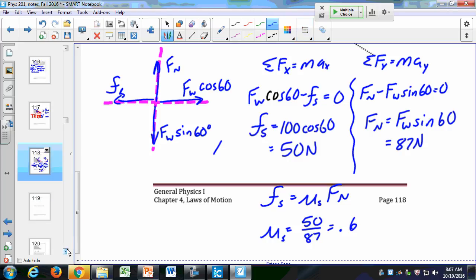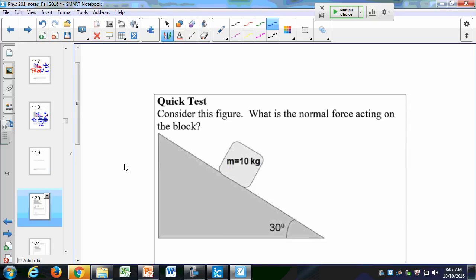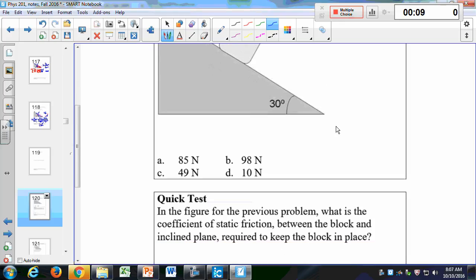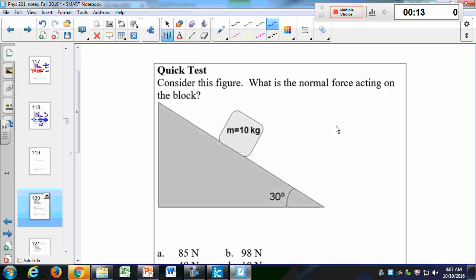Let's see. There's some more space. Let's try this. I want y'all to try this. What is the normal force acting on this block? 10-kilogram block. If you finish this one, go on to the next one, which is, I think, what is the coefficient required? Was this exactly the same as what we did?